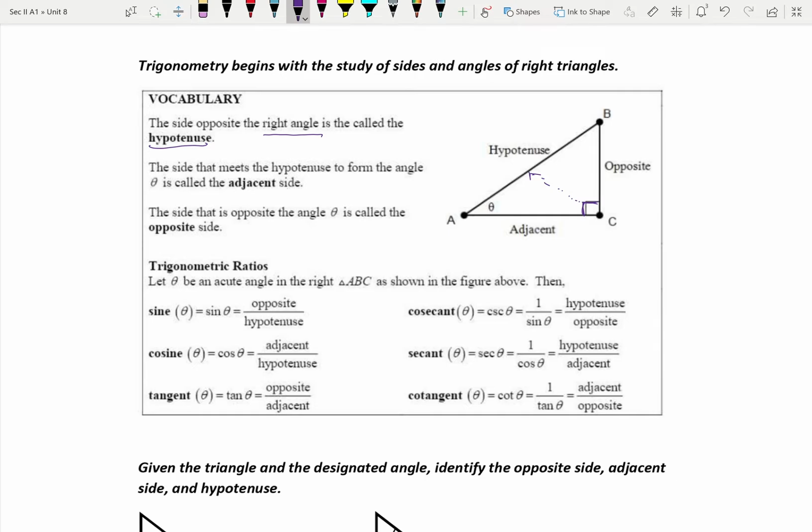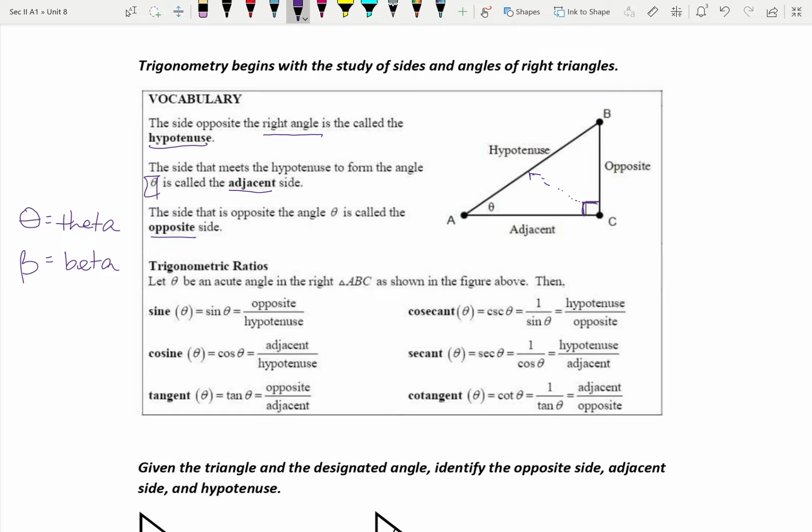The next two things are we have to be able to identify the adjacent side and the opposite side. And those are all based off of an angle, which is commonly referred to as theta. So this little sign right there, like a circle with a line through it, is called theta. You will also sometimes see it written as a fancy B like that, in which case it's called beta.